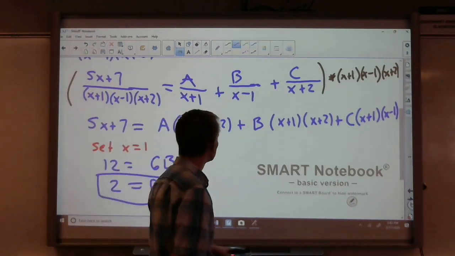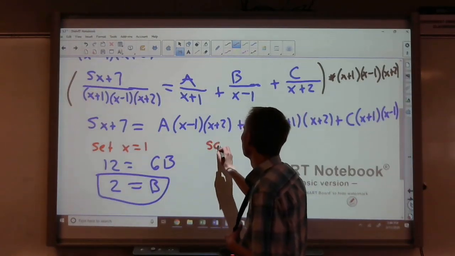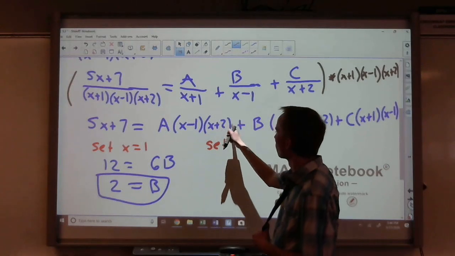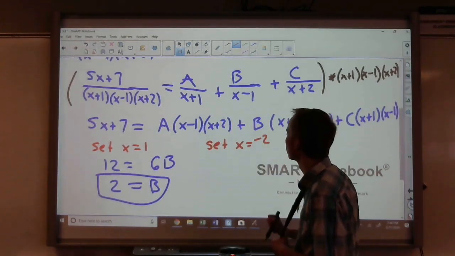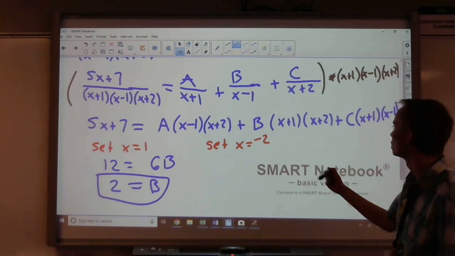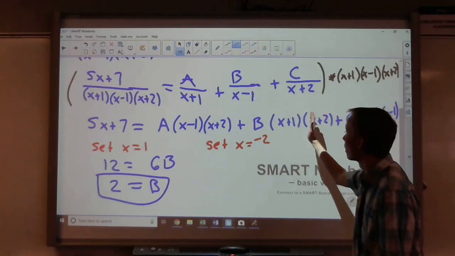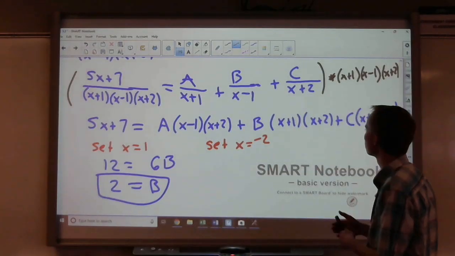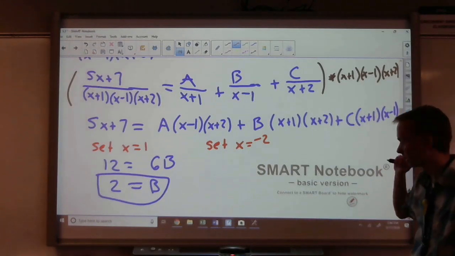Now to get the other values, where will this be 0? It would be 0 at -2. So I'd plug in -2, and you'll notice this is 0, this is 0, so A and B would cancel out of the equation, and what I'd be left with is C, okay?